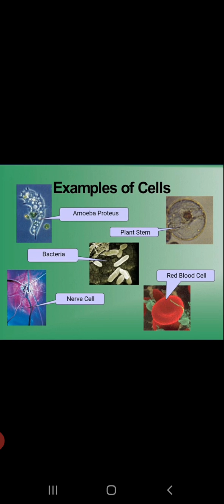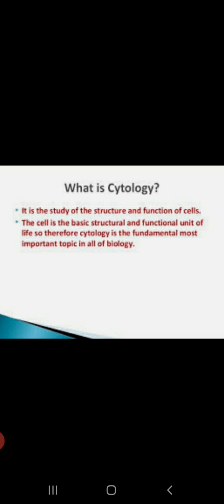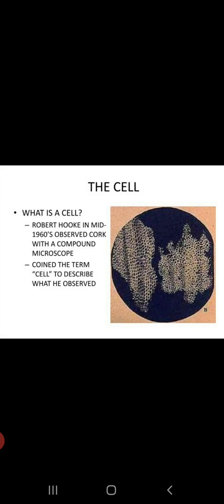Children, did you ever think about who discovered the cells? Who was the genius person behind the discovery of the cell? It was Robert Hooke, an English scientist who was studying the bark of the tree in the year 1665.